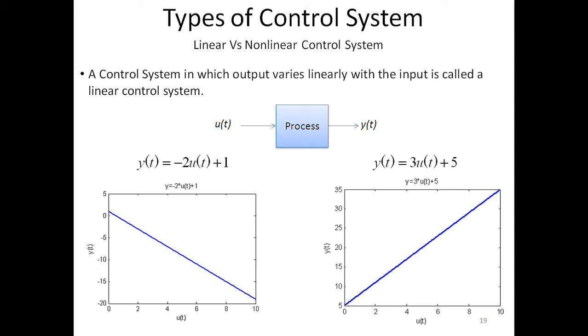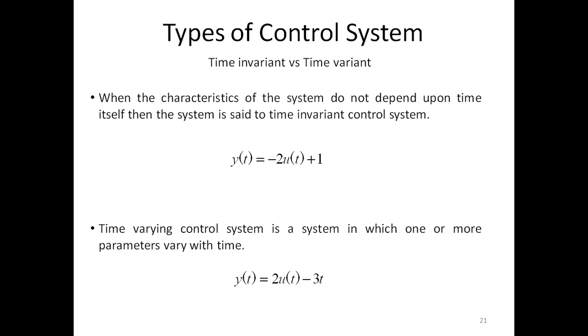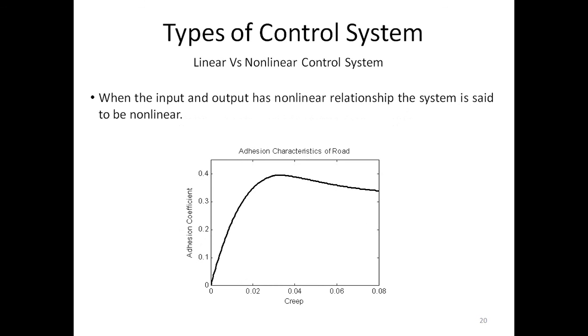By looking at the graph, we can easily comment on these two equations. These are linear equations, of course. When the input and output have a non-linear relationship, the system is said to be non-linear. By looking at the graph, we can easily say this is not at all linear.